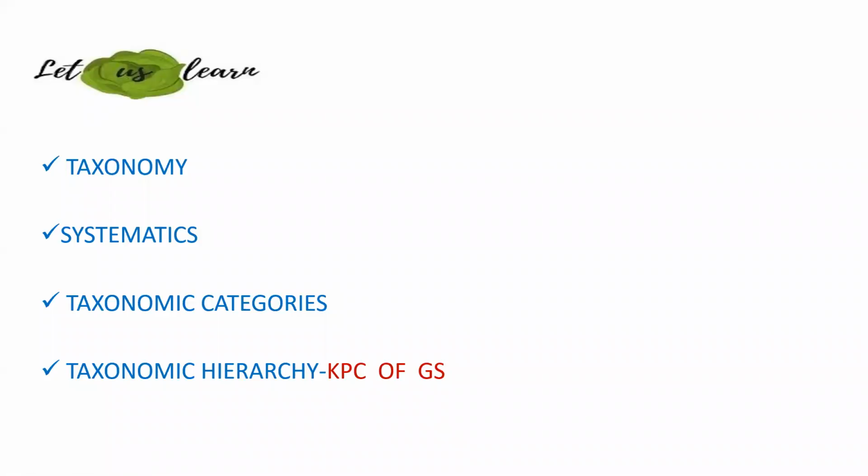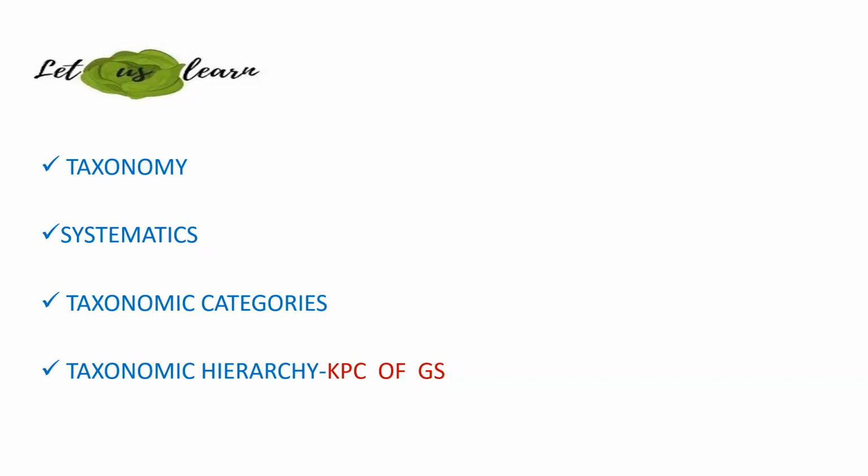So today we'll be learning about what exactly is taxonomy, and how taxonomy, the branch which deals with the nomenclature and identification, led to one more study, one more branch, which is called systematics.